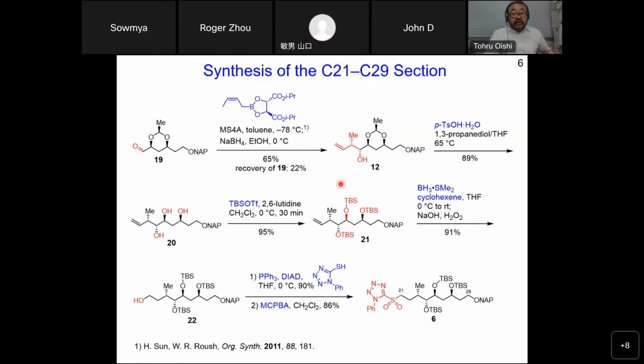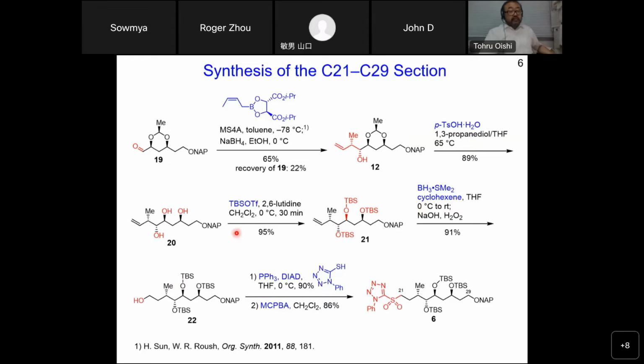Then removal of the acetal group under acidic conditions gave triol 20, and the triol was protected as TBS ethers. Then the terminal olefin was converted to the terminal primary alcohol by a hydroboration and oxidation sequence.